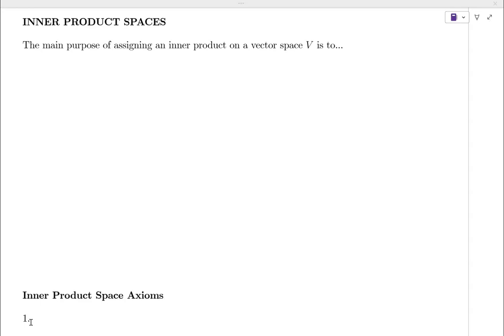So that's exactly what we're thinking about when we're talking about an inner product. The main purpose for assigning what we refer to as an inner product is to assign an idea of magnitude, assign an idea of length.